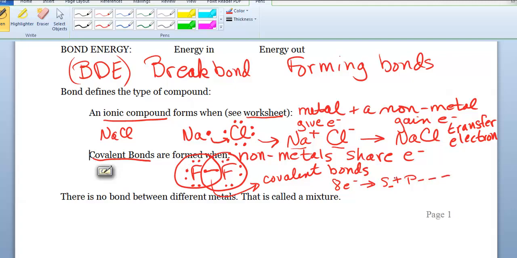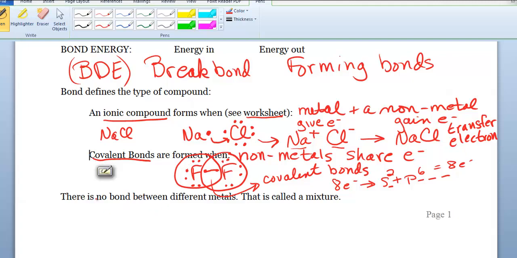So there are 2 electrons that would fill the S, and 6 that would fill the P, and that gives us 8 total. And that seems to be a great number for stability for compounds.